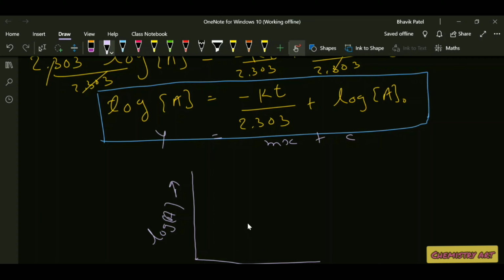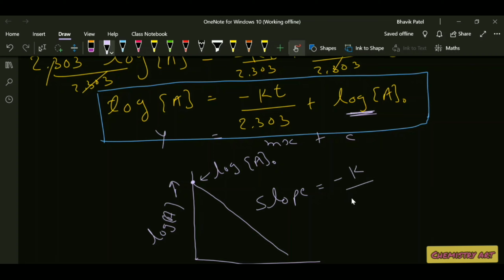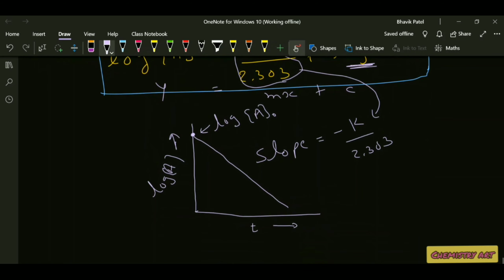The intercept will give the value of log A naught. Okay, so the plot will be like this, and here the slope is giving the value of minus k by 2.303. This value we can get from the slope. Okay, clear?